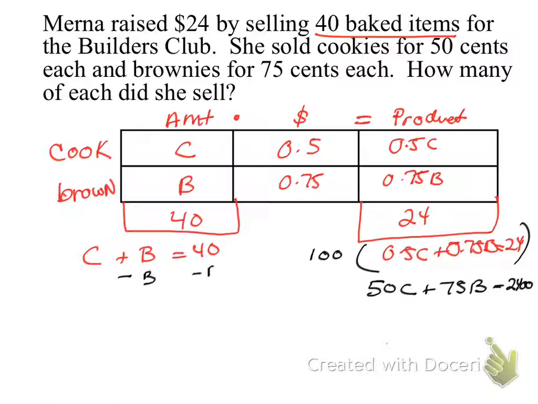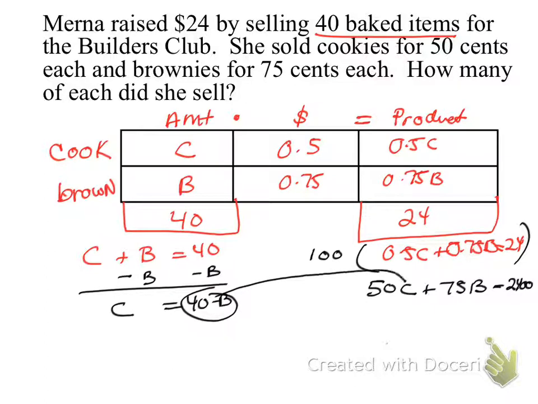Minus B, C equals 40 minus B. And I substitute in. 50 times 40 minus B plus 75B equals 2400.